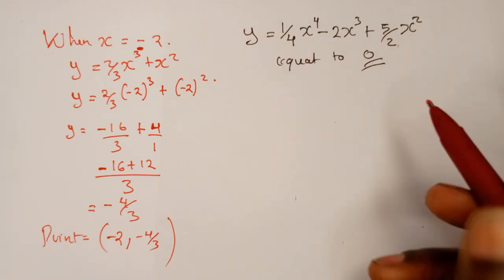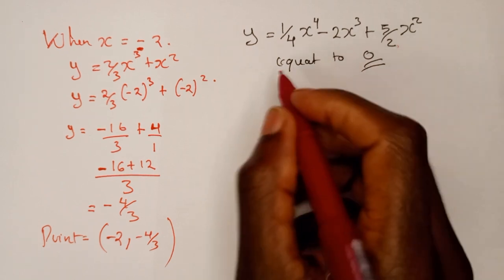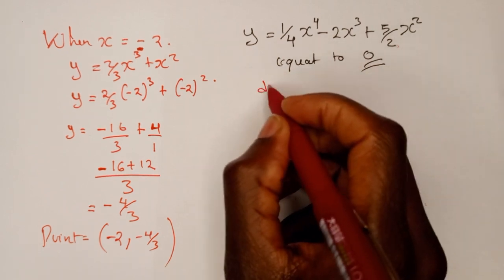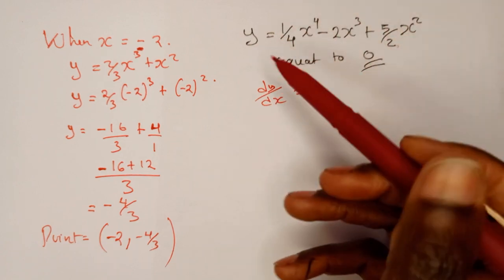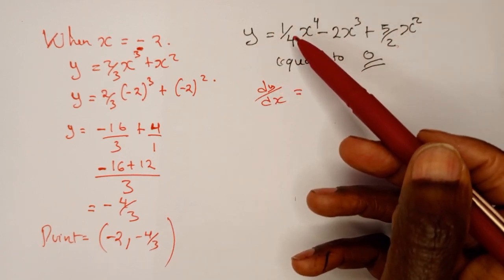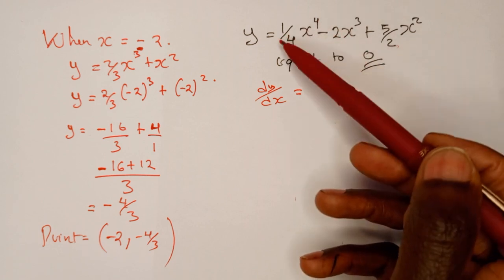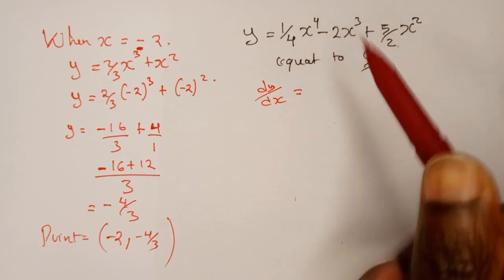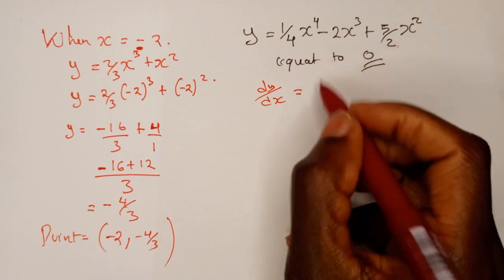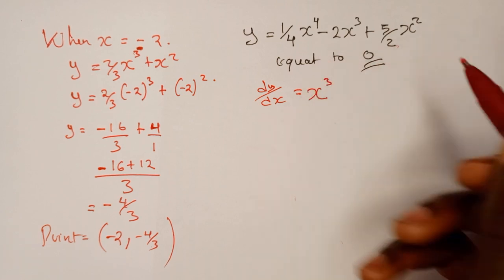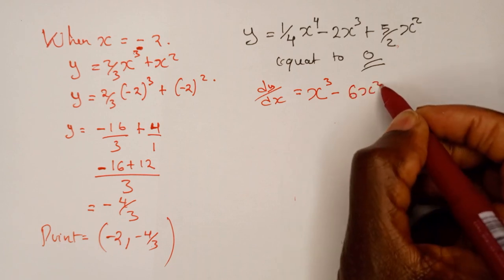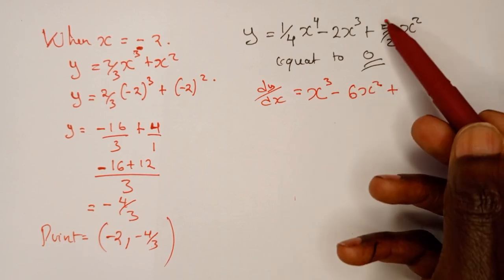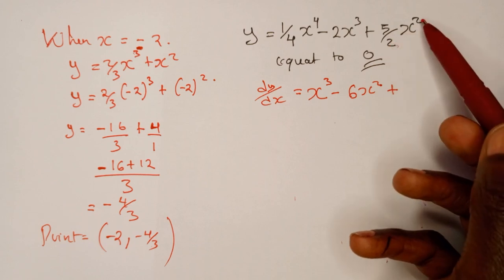So again, we differentiate. So if you differentiate this one, we say our dy dx is equal to, so differentiate this one, this will be dropped 4. So 1 over 4 times 4, that one will be 1. So we're going to remain with x raised to 3. This one will be minus 6x squared, then plus 5 over 2 times 2.